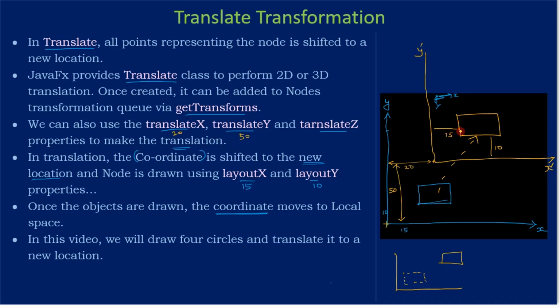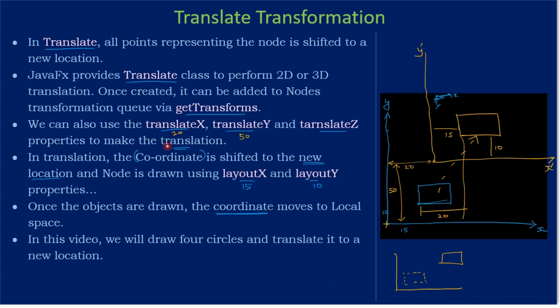So 20 plus 15 is the offset, or from here if you measure, it will be exactly the translate we asked. So that will be 20 here. And this initial offset is here previously, that's why JavaFX uses the layoutX, layoutY after the transformation, or after transforming the coordinate.